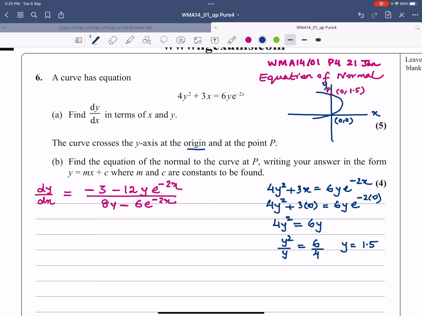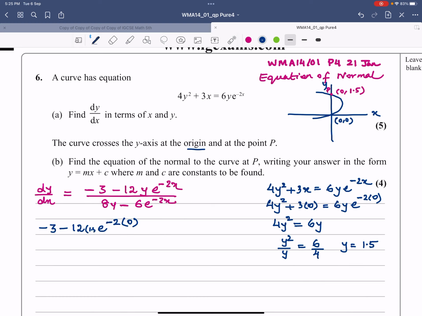So plugging in the x and y coordinates of the point P into this function, we have -3 - 12y e to the power of -2 into 0. I'll plug in for y also, because we know that y is 1.5.